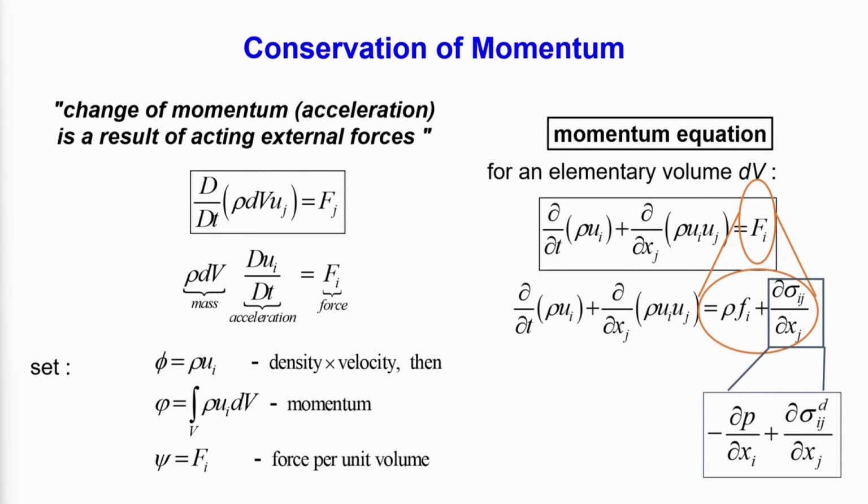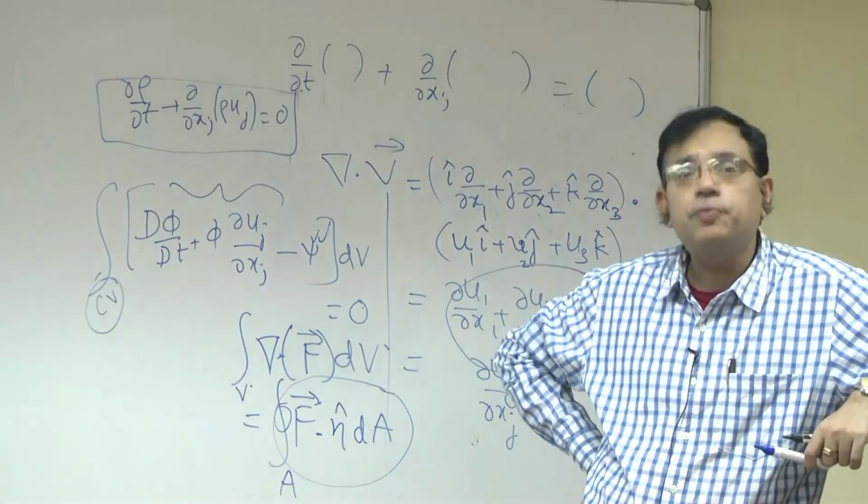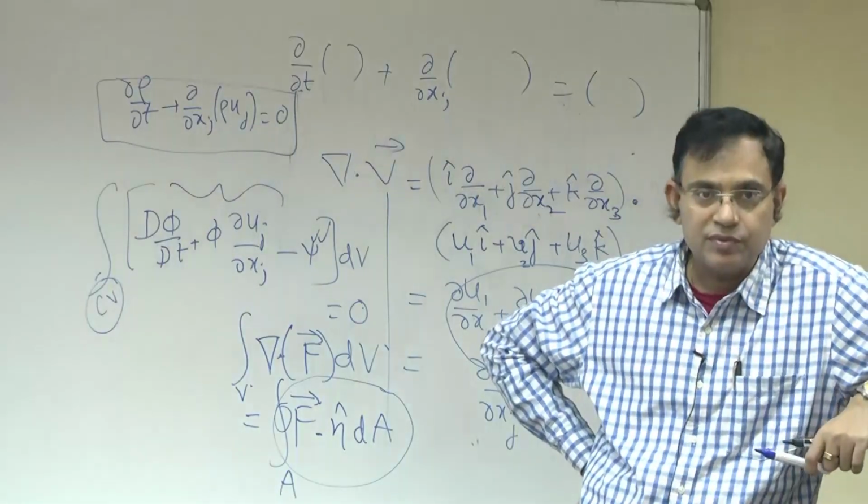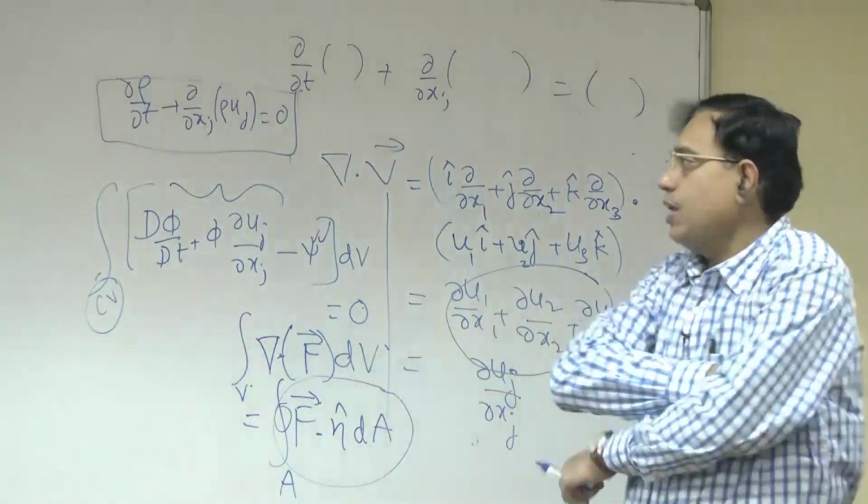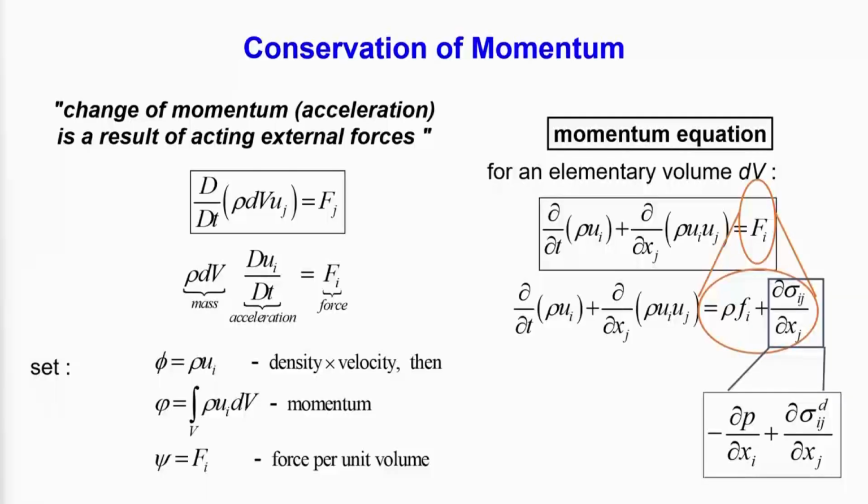Per unit volume it becomes rho Fi dV divided by dV, so that is rho Fi. If you are writing it per unit mass, it is rho into Fi; if you are writing it per unit volume, it is just Fi, depending on what you are writing. So, this is the body force.